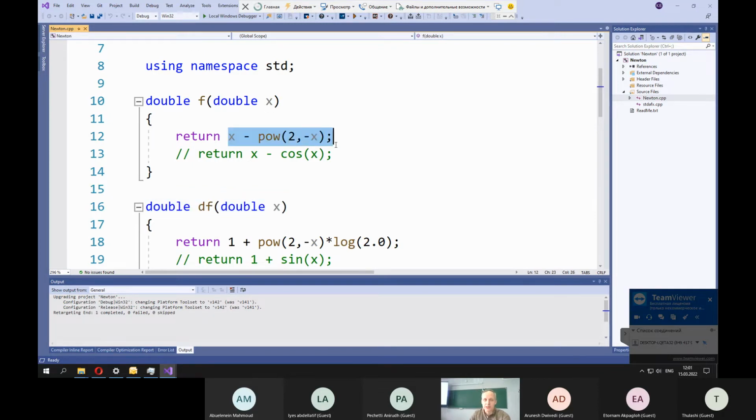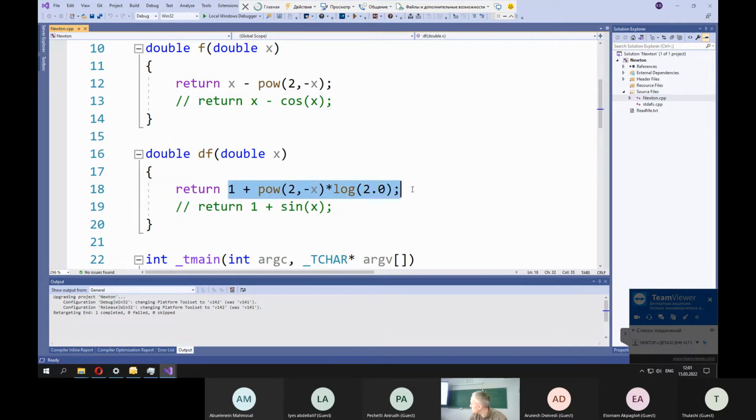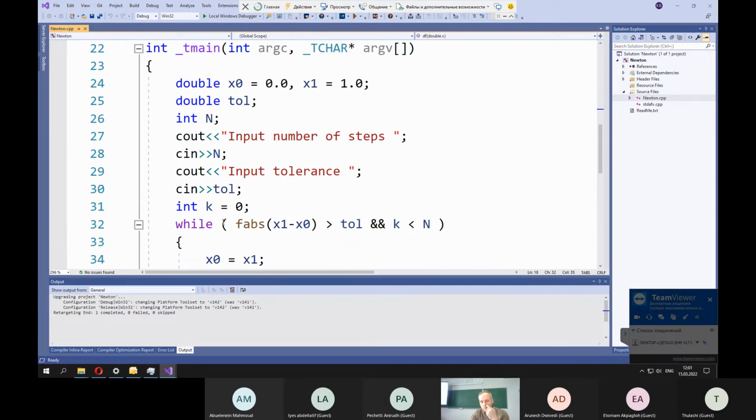For example, if we consider the function x minus 2 to the power minus x, the derivative of this function will be 1 plus 2 to the power minus x times logarithm 2. And how to write the main?